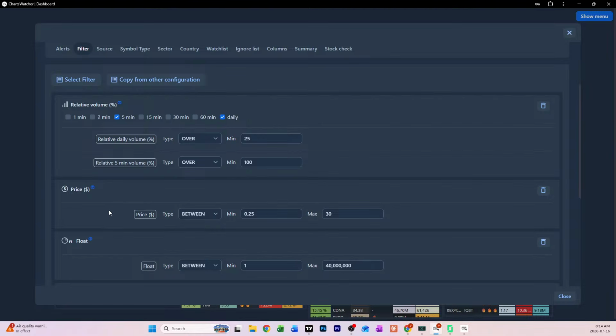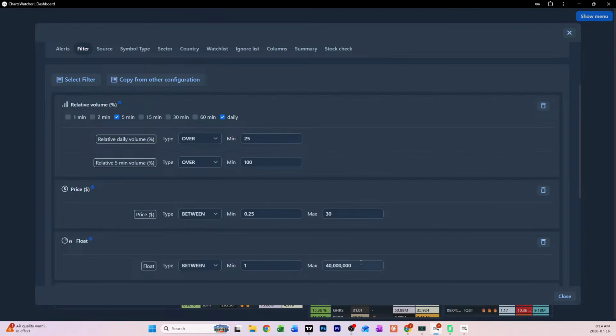My settings for the Hive Day momentum is different, but this is just for the running up. Just keep that in mind, right? I don't care about these running up, but I might look at them if they pop up on Hive Day momentum, or on the top gainer scanners or the low float top gainer scanners. But for the running up, I just filter out anything above or below.